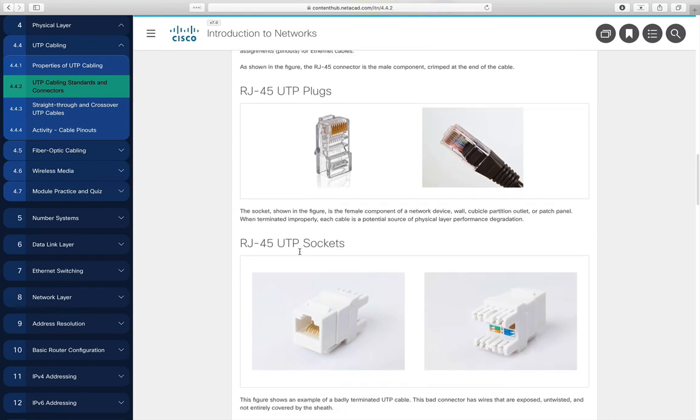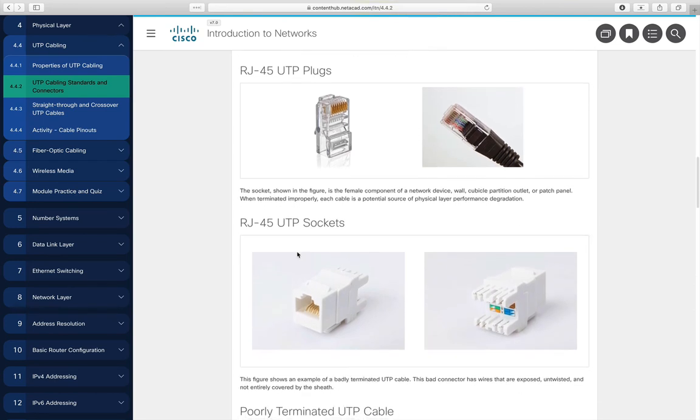Now, I said putting it in the jack earlier. I really meant putting it into the plug. So there are standards about this RJ45 plug, and then the socket or jack down here. RJ stands for registered jack. The two most common you hear about are RJ45, which is for Ethernet, and RJ11, which is for telephones.